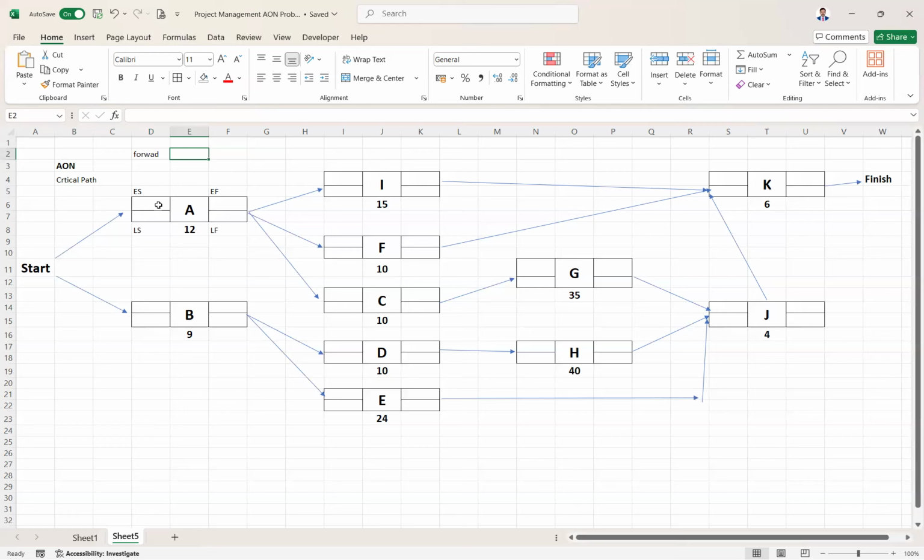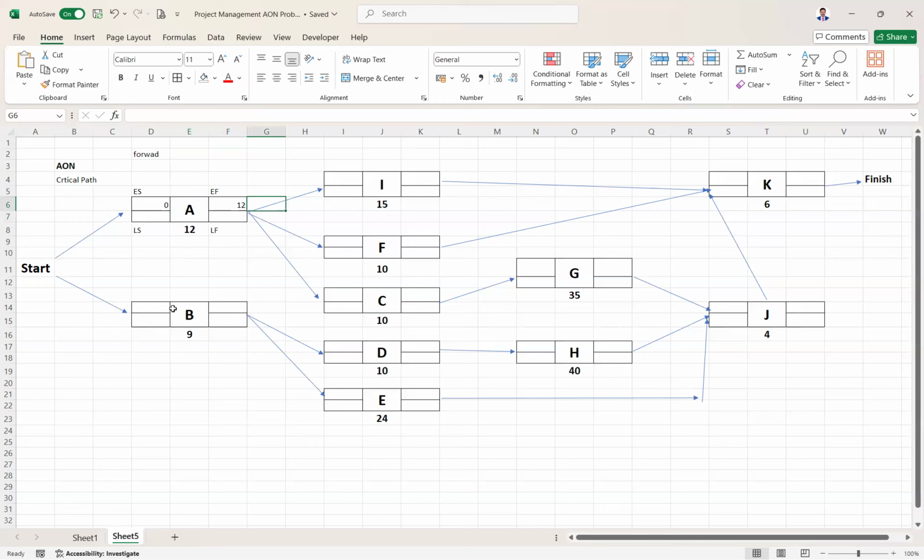So the early start is 0. Early finish means, after the activity started, how much time will it take to finish? The time given is 12. So time is ticking: 0 plus 12, so it is 12.